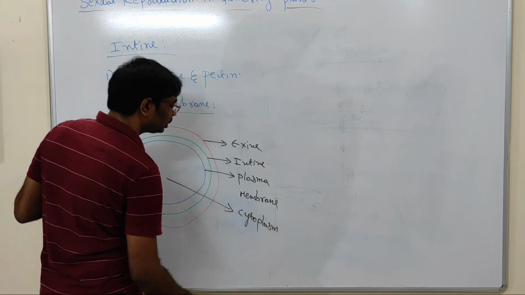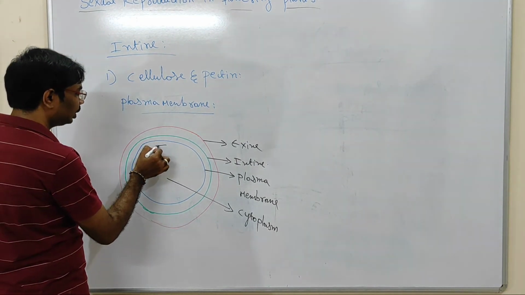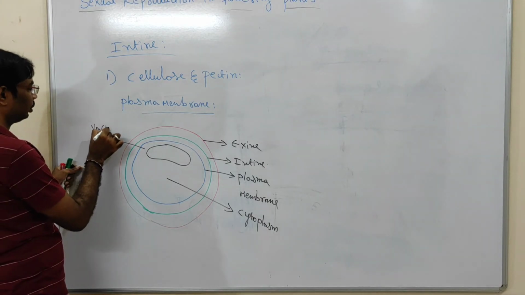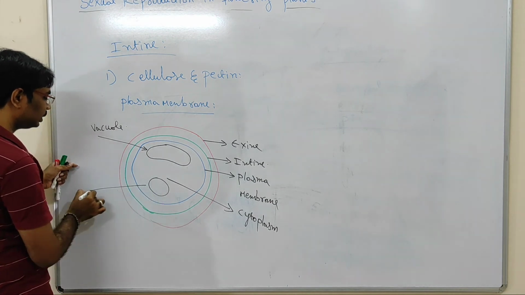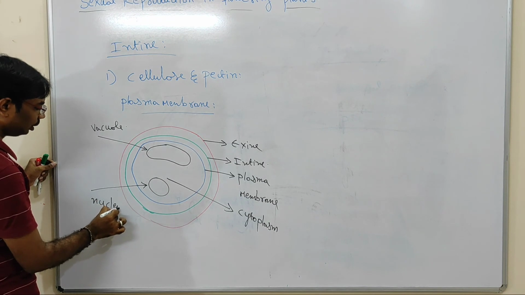The cytoplasm contains a nucleus, and a vacuole is also present in the pollen grain. So this is the vacuole, and this is the nucleus. This is the structure of the pollen grain.